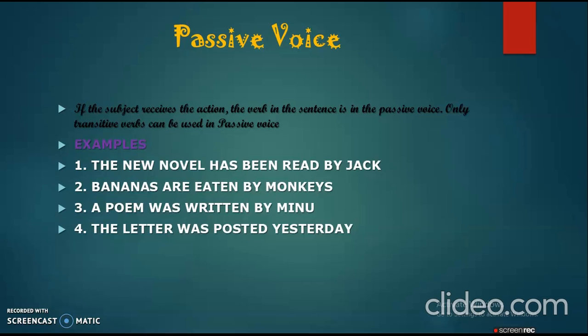For example, first one, the new novel has been read by Jack. Here we have object, verb and subject. Bananas are eaten by monkeys. A poem was written by Meenu. The letter was posted yesterday. So all these are in passive voice. They have transitive verbs and the subject is receiving the action.